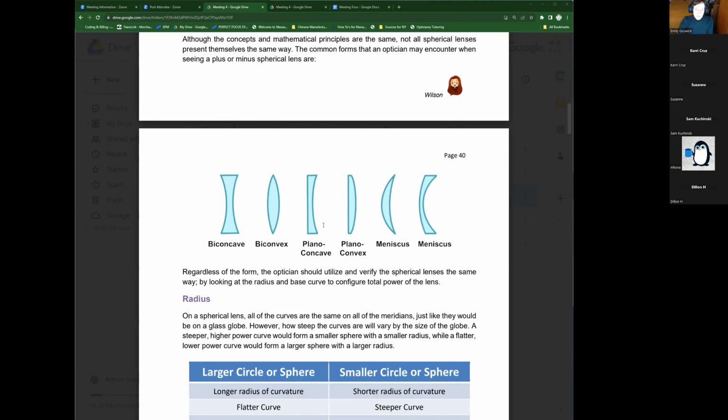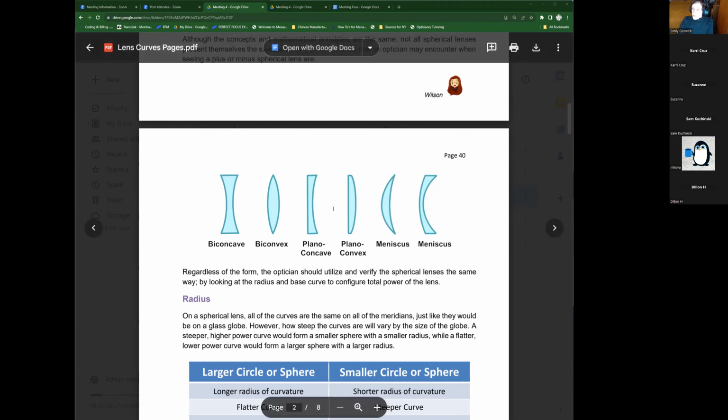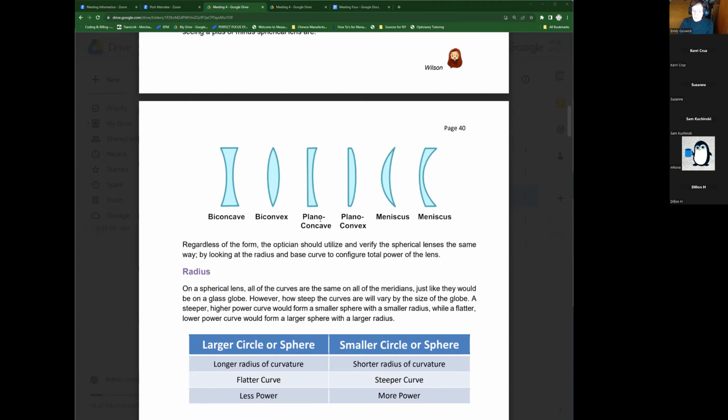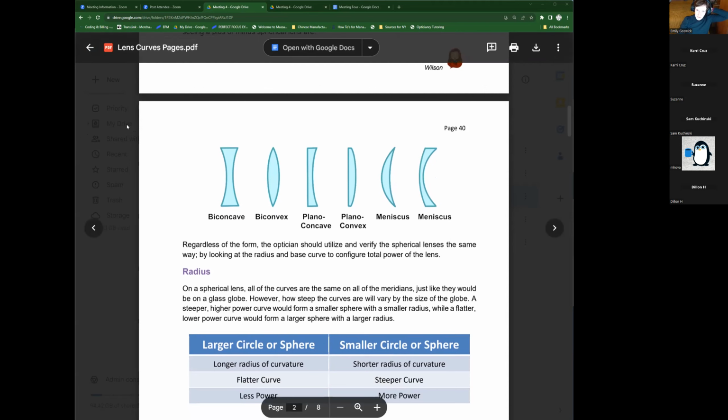So definitely want to be familiar with these shapes and how to describe them. I would say the plano ones are the ones you're unlikely to be asked about, but it is nice to know about them. Okay, so they did talk a little bit about curves.